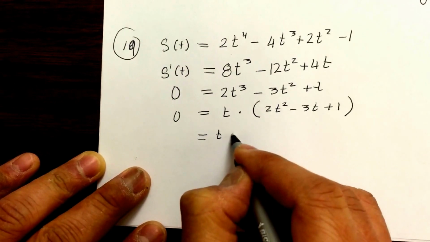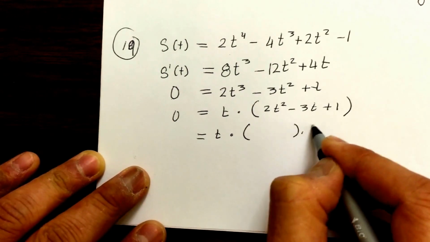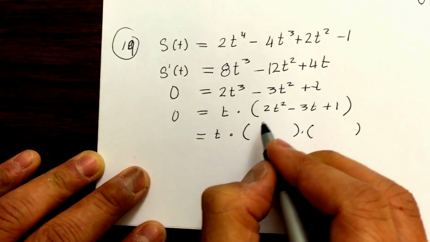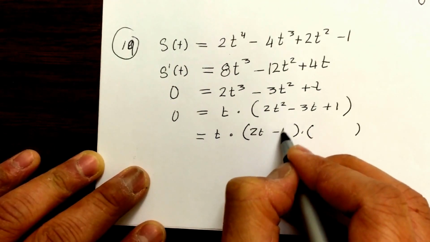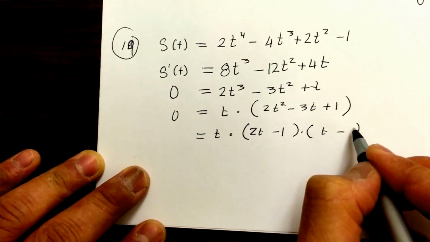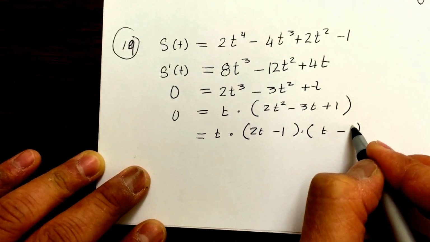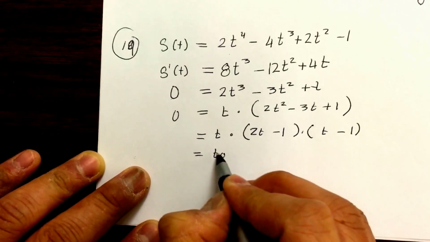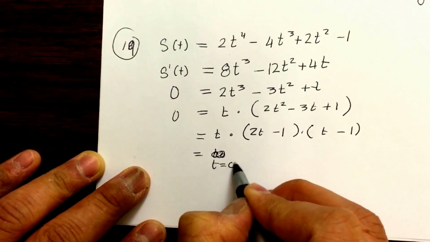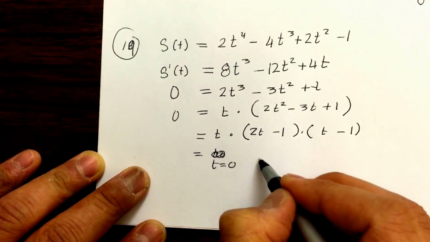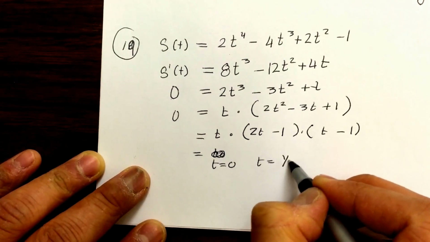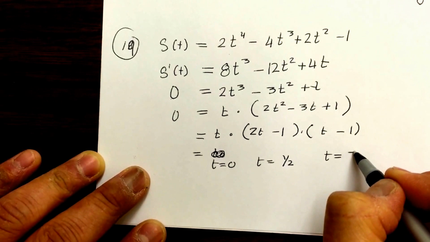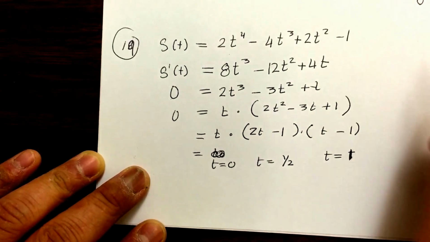And now I'm going to continue to factor the inside. If you did it correctly, you should get 2t minus 1, t minus 1. And that means your first critical point is when t equals 0, your second critical point is when t equals 1/2, and your third critical point is when t equals 1.